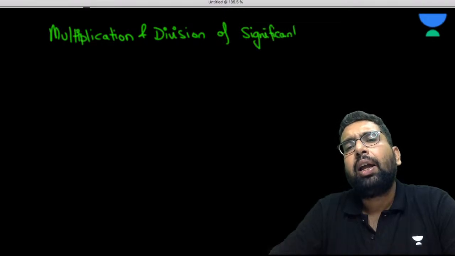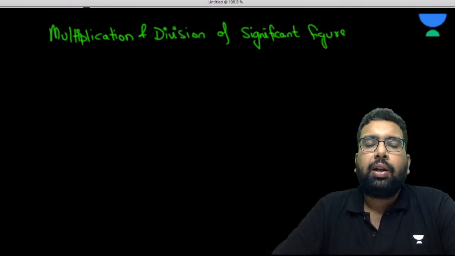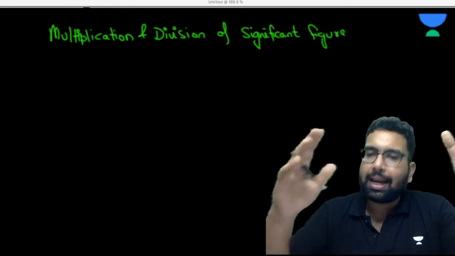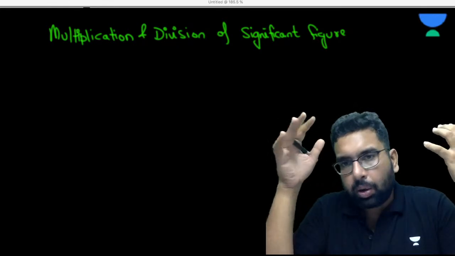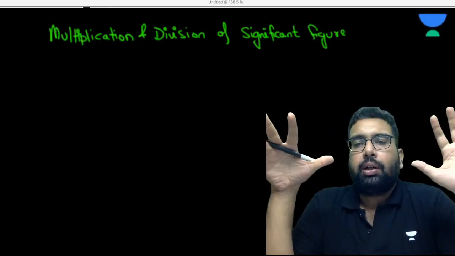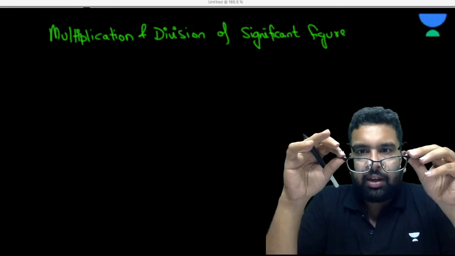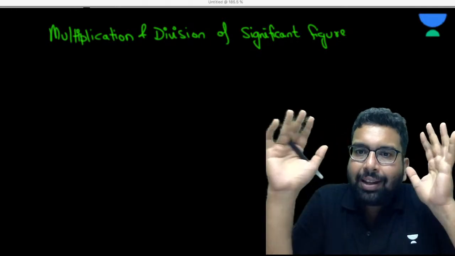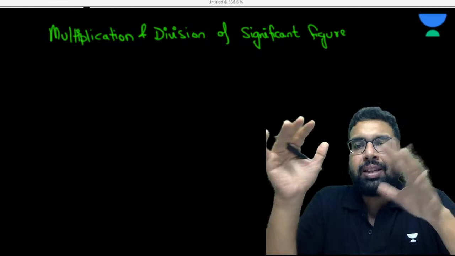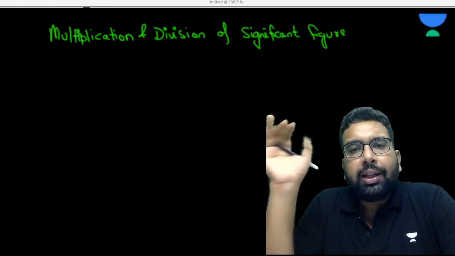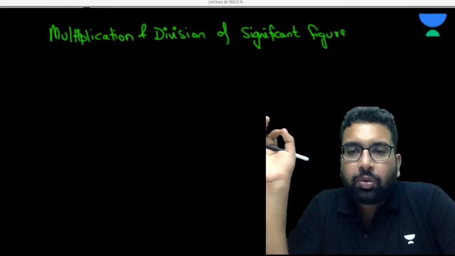Now in addition and subtraction, what have we done? We first added or subtracted in the normal way, then we rounded off the final value to the number of decimal places present in the value with the least decimal places.